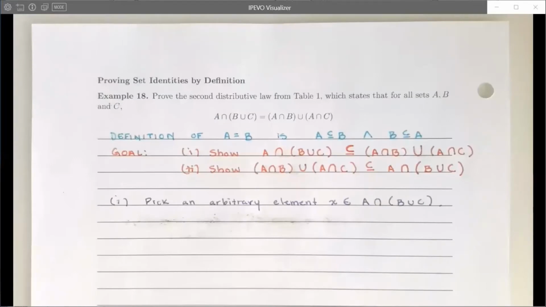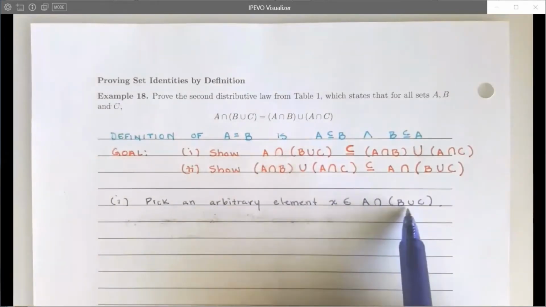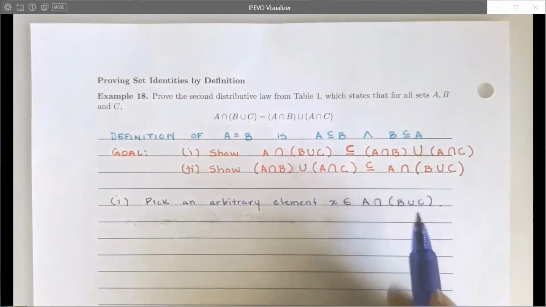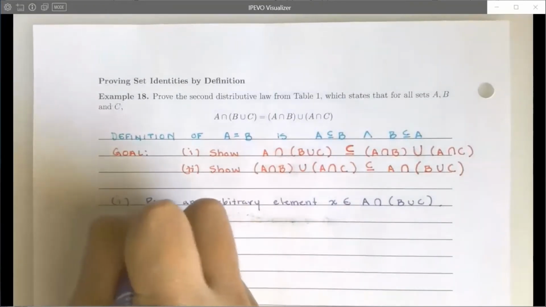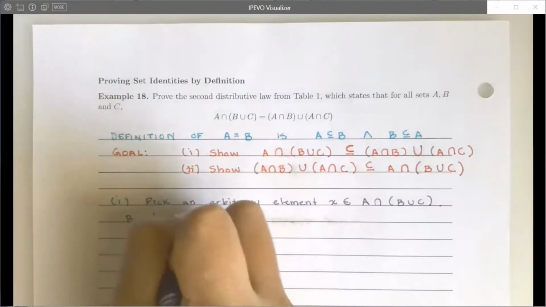All right, so to prove part 1, we're going to pick an arbitrary element x, which is found in A intersect B union C. Now by the definition of intersection, the following is going to be true.